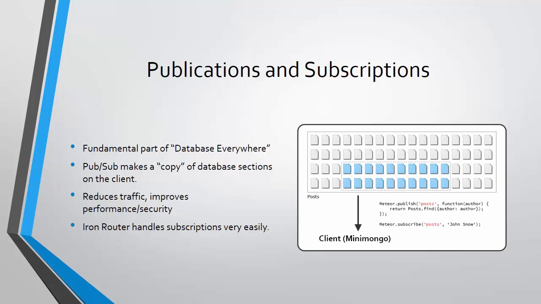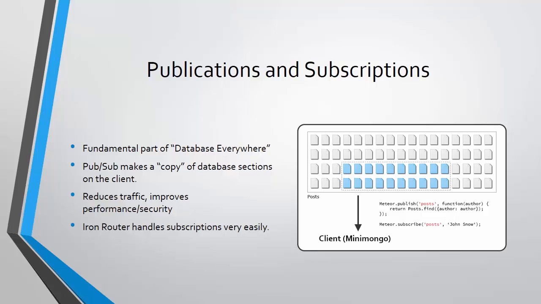Basically, you're taking a section of a collection, and you're only allowing the client to see the part of the collection that you want them to see and not the whole thing.